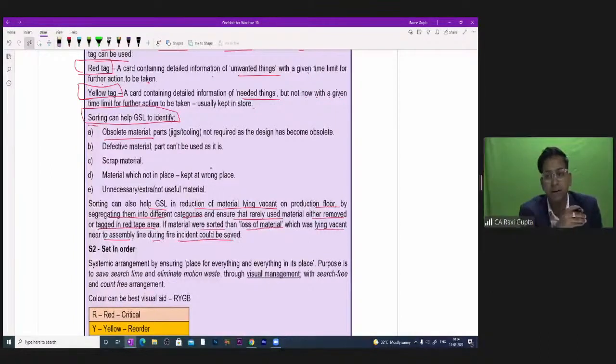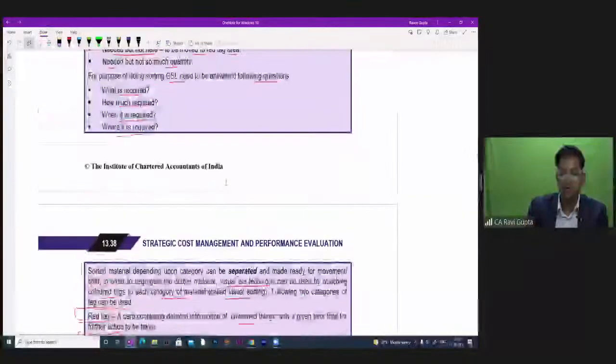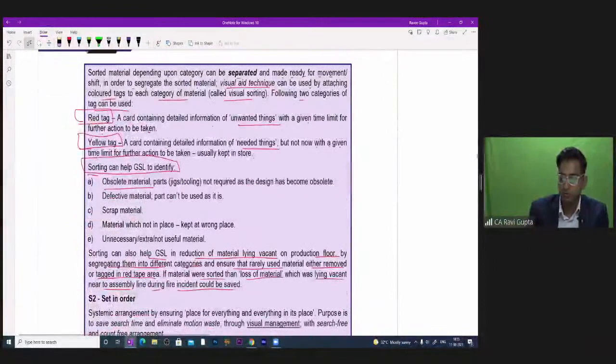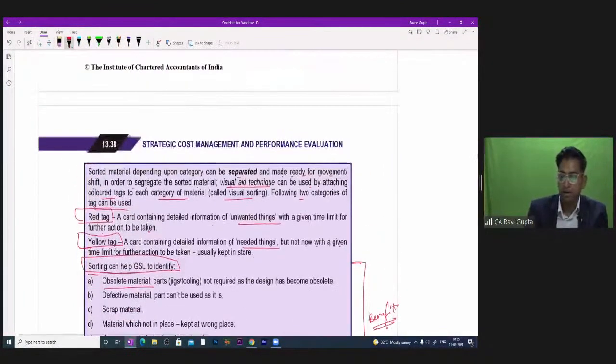Because there was a fire incident, and if the material had not been lying there, we could have saved it. So this was the benefit. Mark this as benefit. And mark this as the application part.